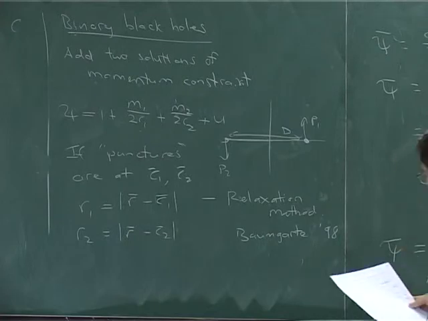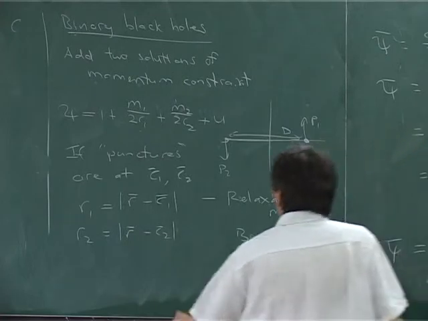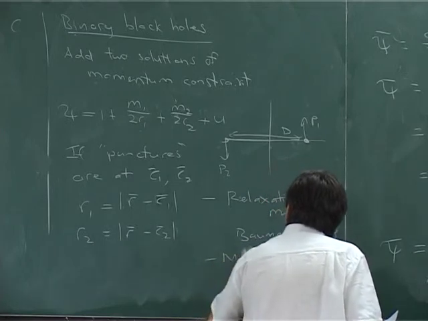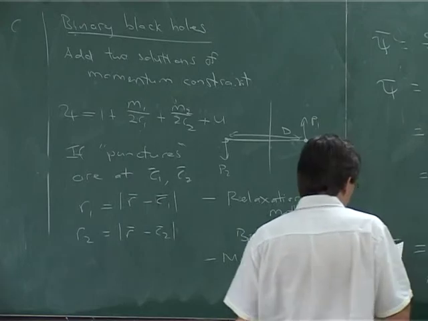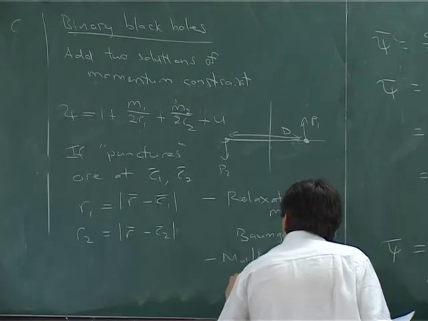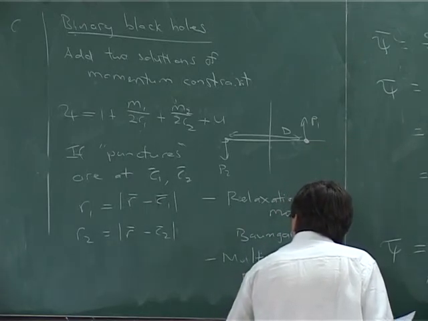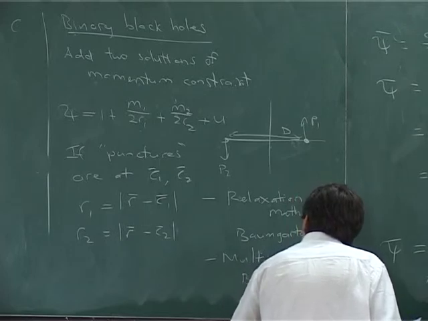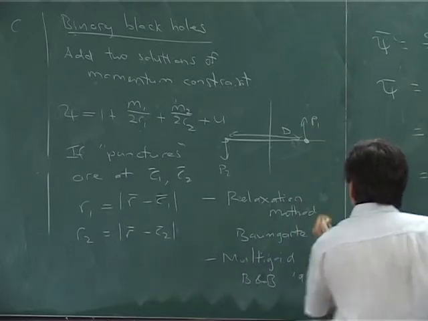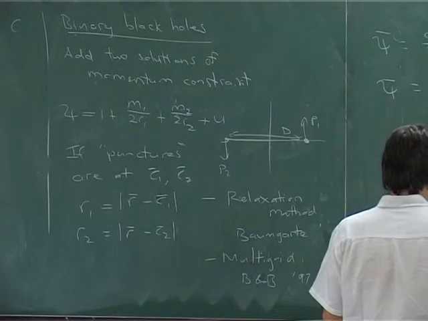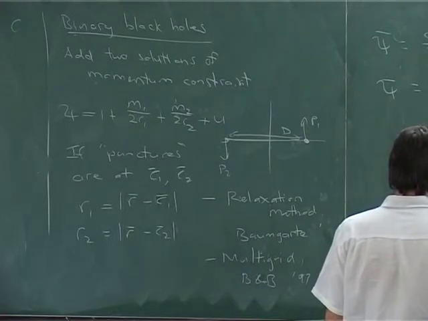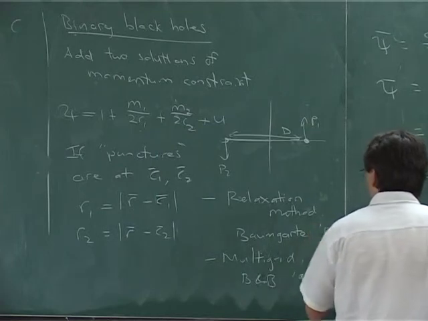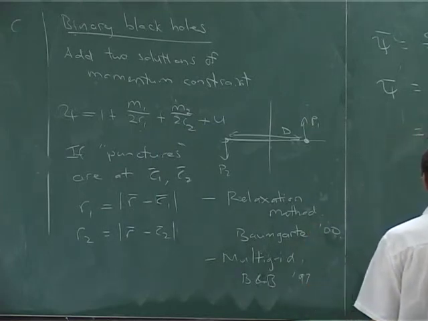If you want to calculate things a little more accurately, you can use multigrid methods, and this is what Brandon and Brügmann did. This was in 97, actually, and the other was in 2000.